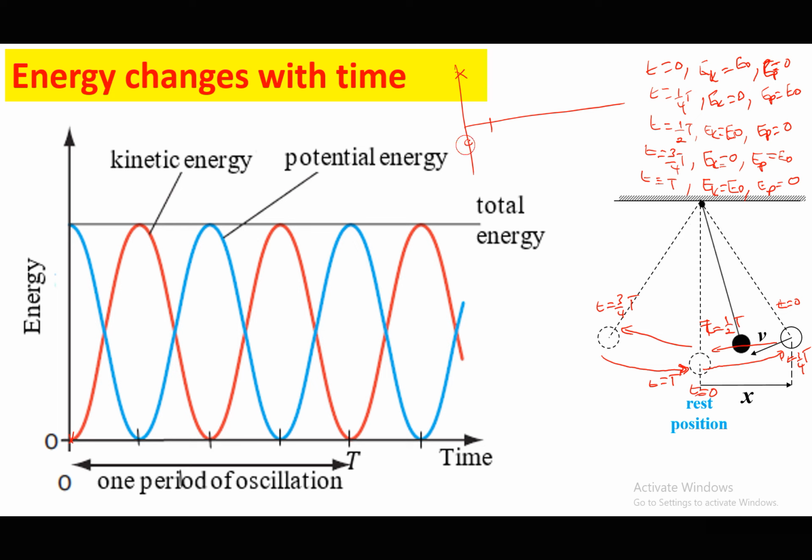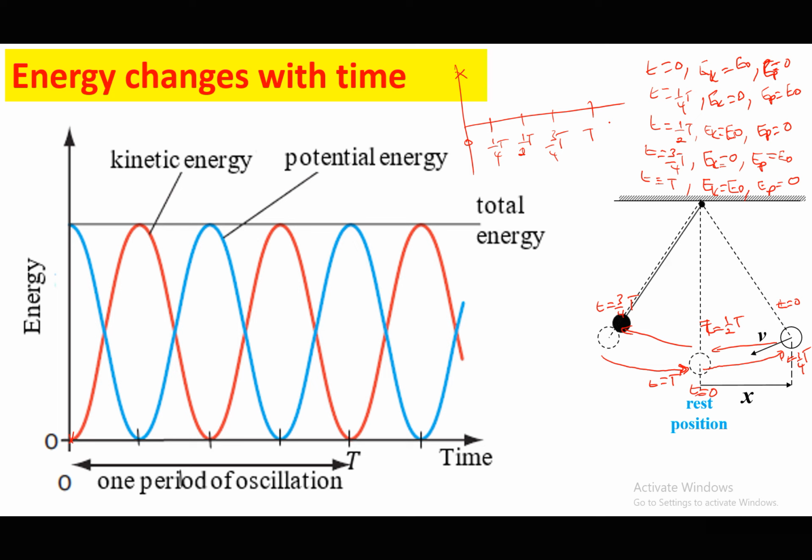This is 0, a quarter of a cycle, this will be half a cycle, this will be 3/4 of a cycle, and this is going to be 1 cycle.